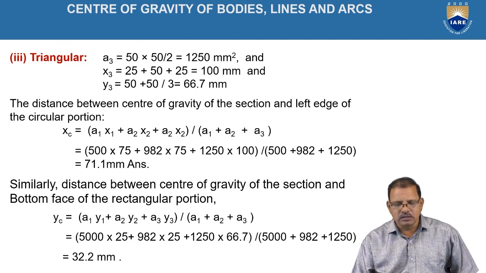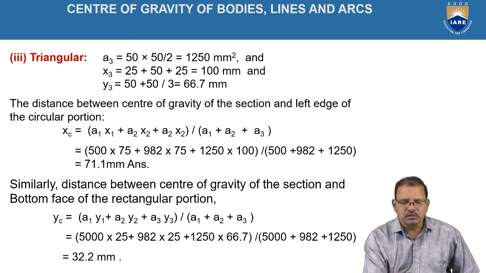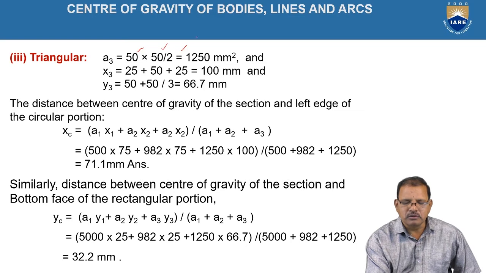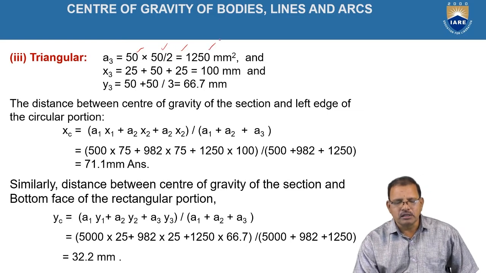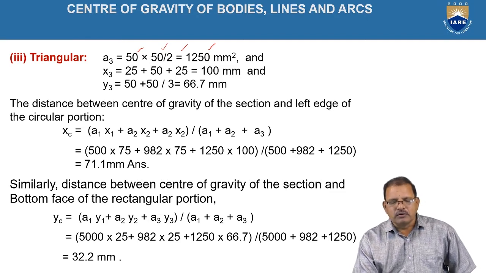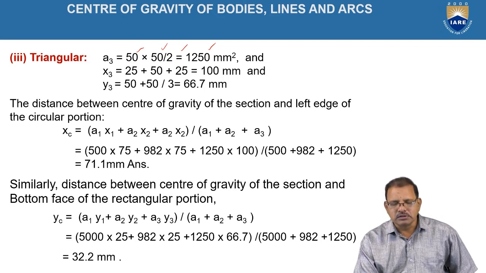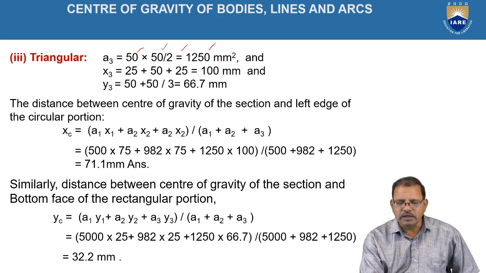Similarly, for the triangle, A3 is equal to half into base into height. That is 50 into 50 divided by 2, which is equal to 1250. X3 is equal to 25 plus 50 plus 25, which is equal to 100 mm.